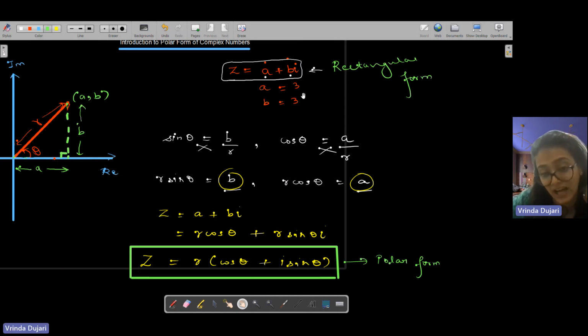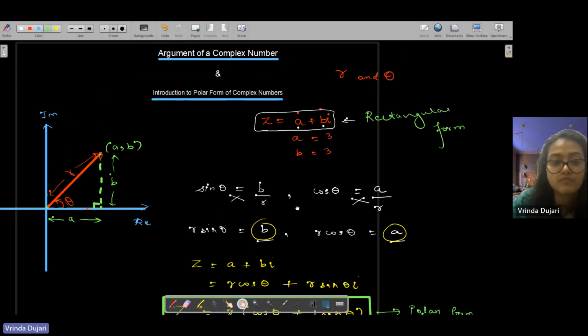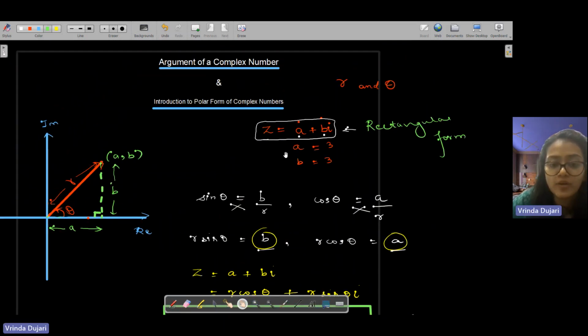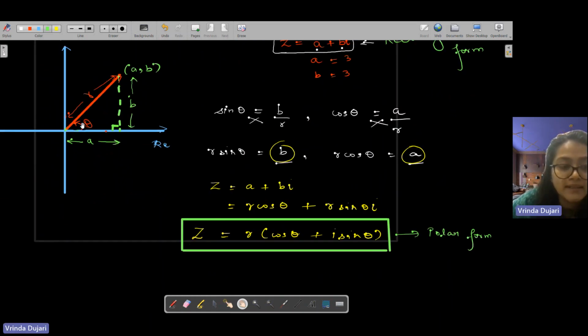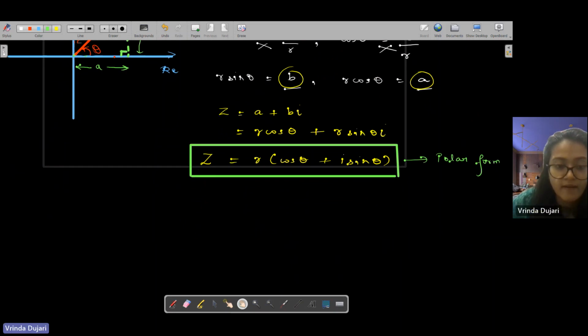First is in rectangular form, second is in polar form. And what is the argument of a complex number? Argument is nothing but this angle theta. The angle which the complex number is making from the real axis is nothing but your argument.